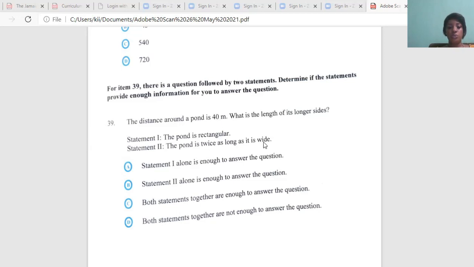Let's see. What is the length of its longer side? You can also have 8 and 8 to be 16 and 4 and 4, 8. 16 and 8 is 24.